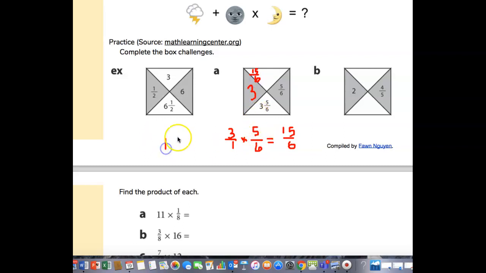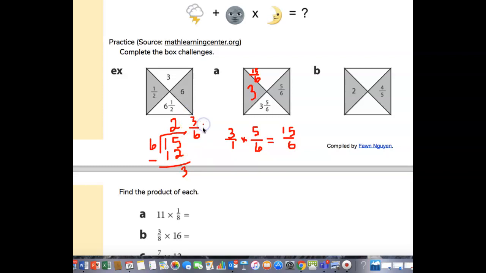So it's 15 divided by 6. 6 times what is close to 15 without going over? Use your multiplication sheets. You should have gotten 2. 2 times 6 is 12. And then we subtract. 5 take away 2 is 3. And we've got 3/6.